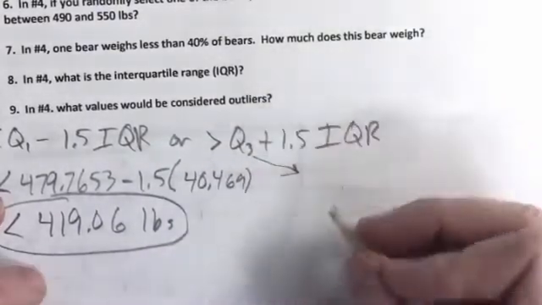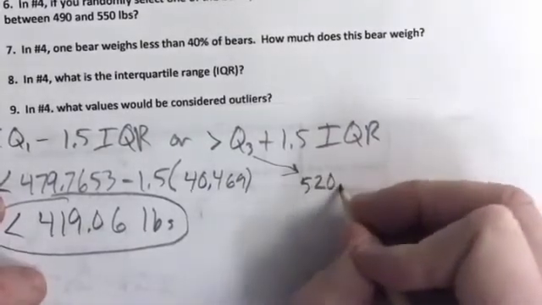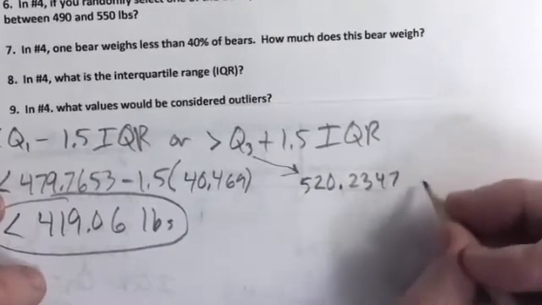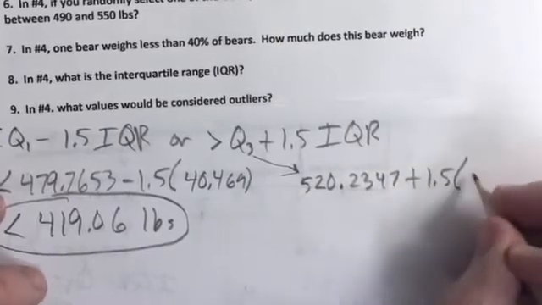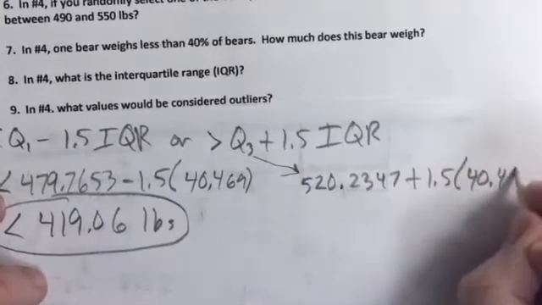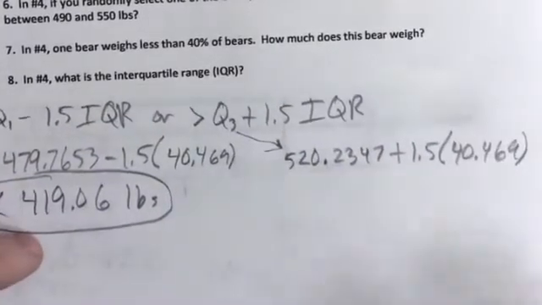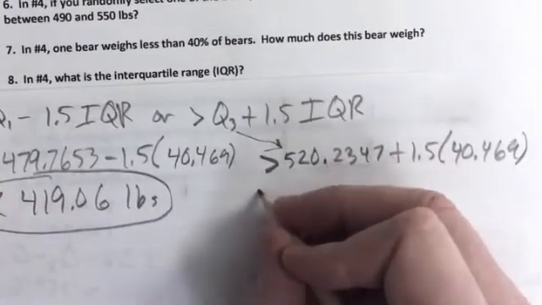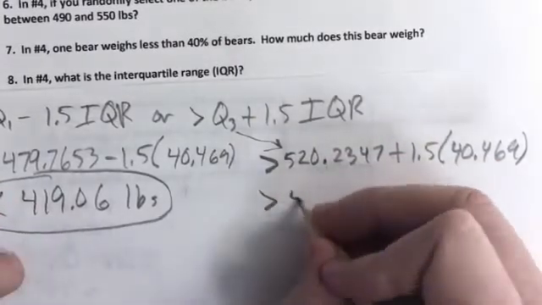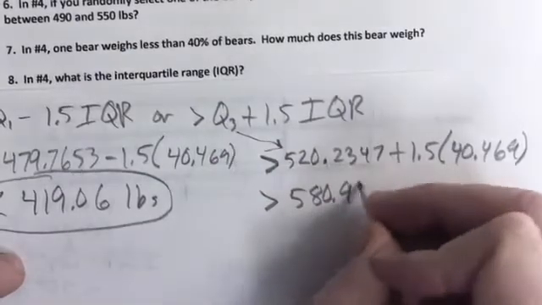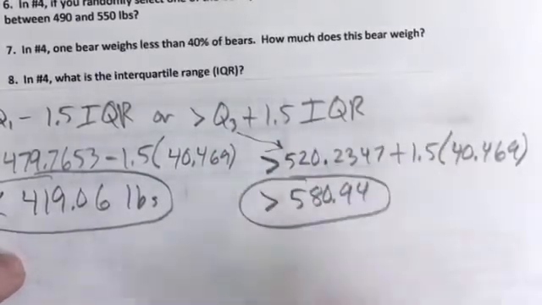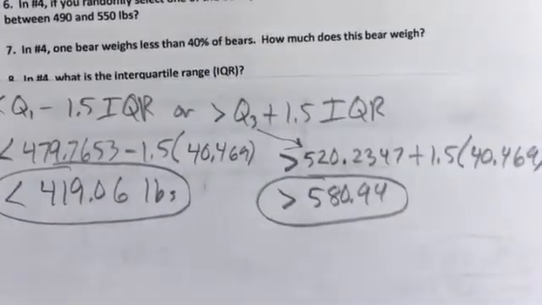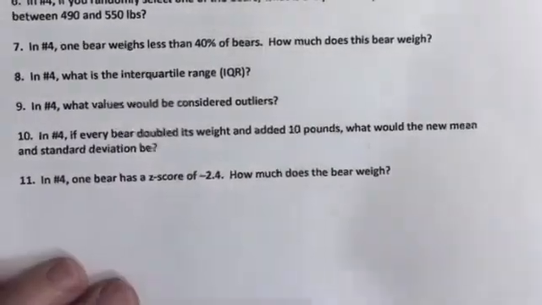So Q3 we found to be 520.2347 approximately plus 1.5 times 40.469. Okay, and so anything greater than that, make sure and put the greater than and less than signs. Greater than, and so that ends up being about 580.94. And so anything less than that or greater than that would be considered outliers. So there you go. That's it for number 9.